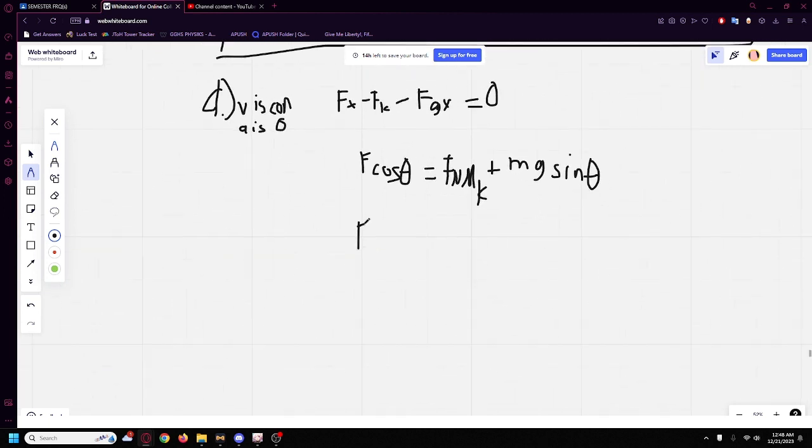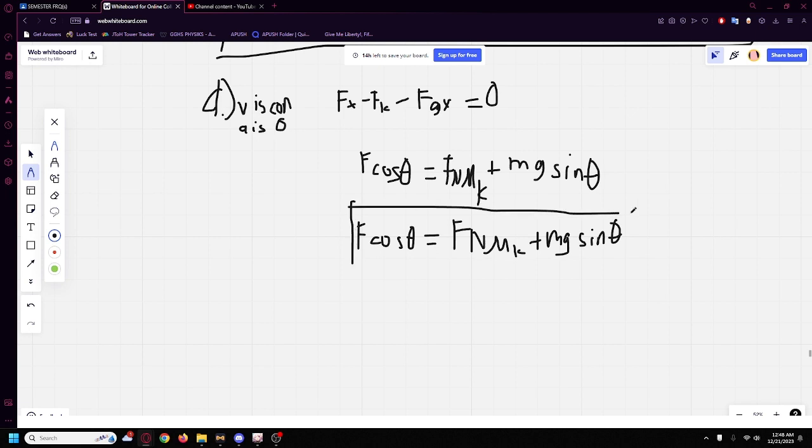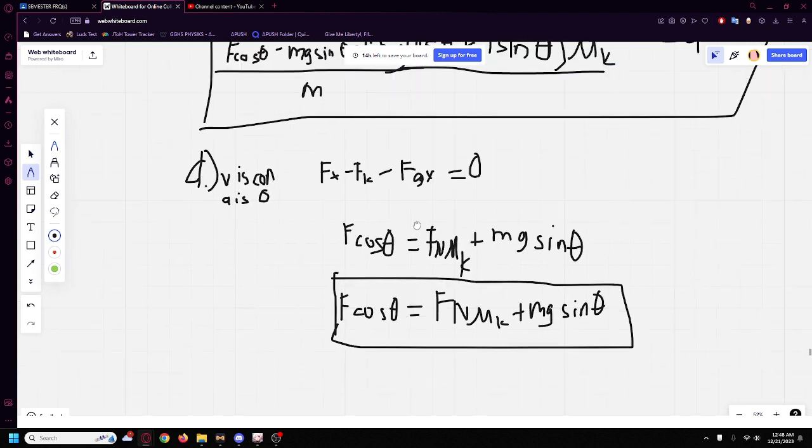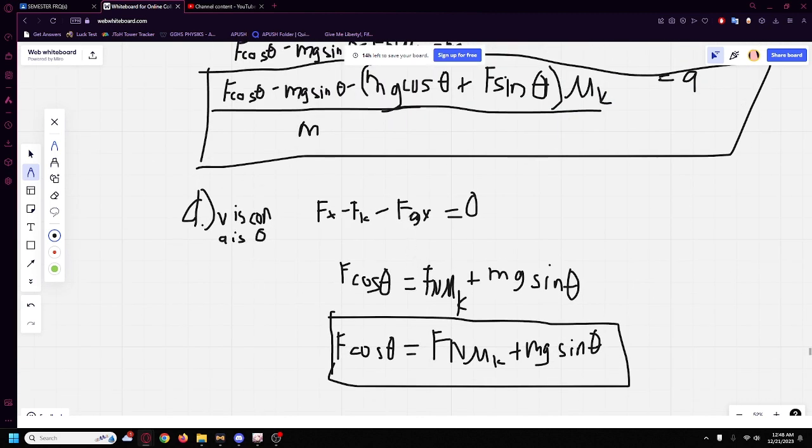So F cosine theta is equal to the expression. I can leave it as this since it doesn't ask for anything else.